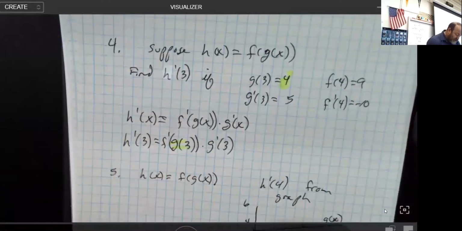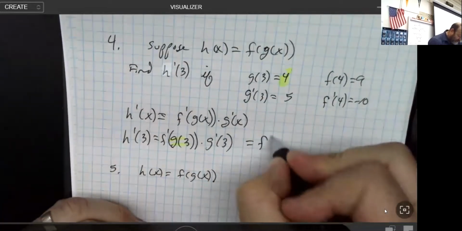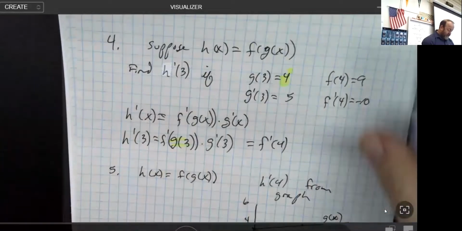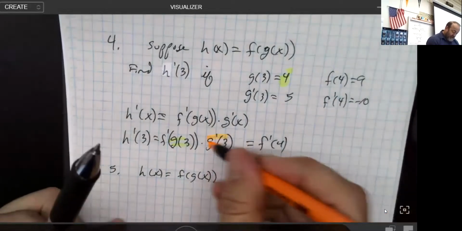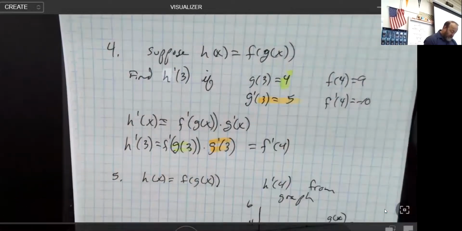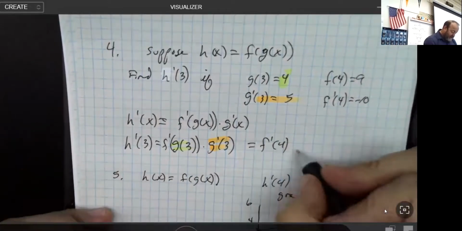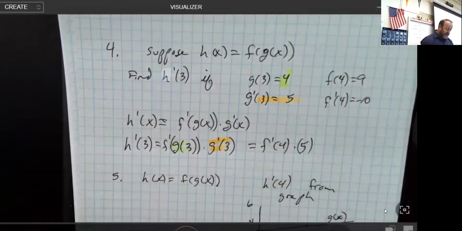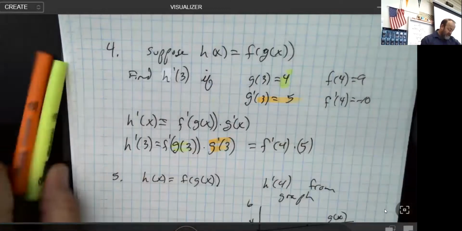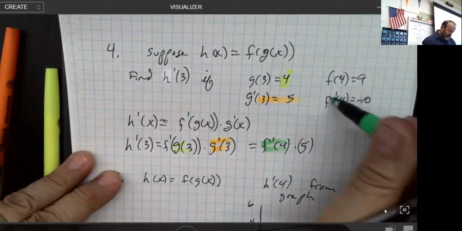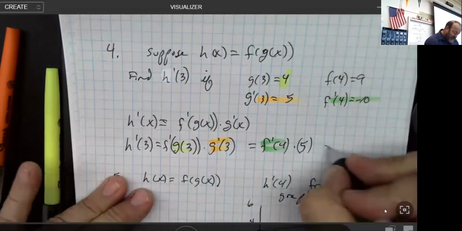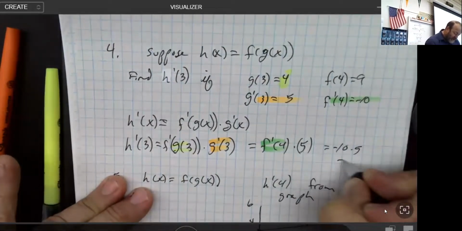So I could change this to f prime of 4 because I just substituted that value in. It similarly informs me that g prime of 3 is 5, so I could replace that with the number 5. It's just a little substitution method. But then the last little piece says that f prime of 4 right here was given to be negative 10. So I've got negative 10 times 5, which is negative 50.